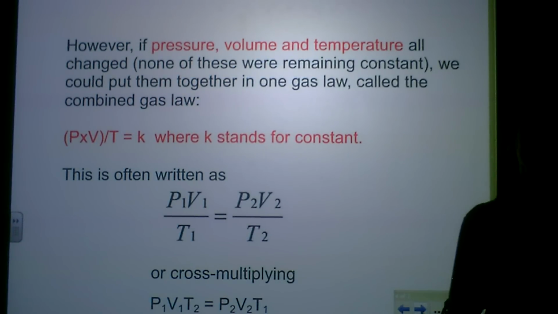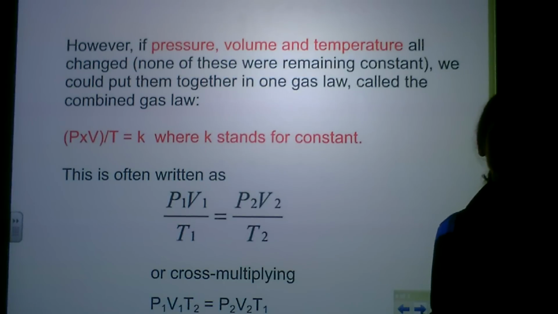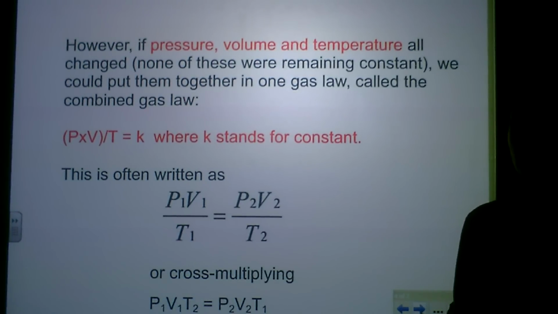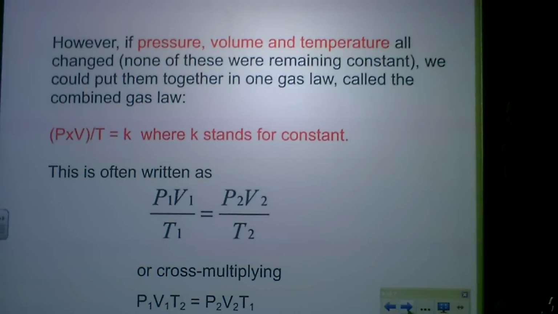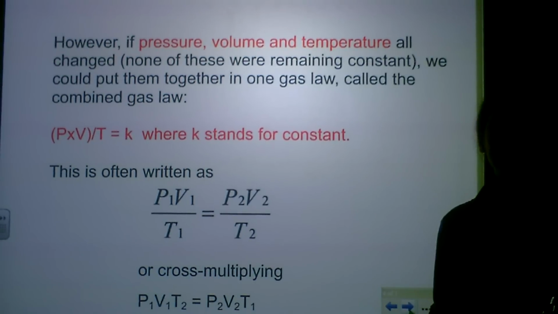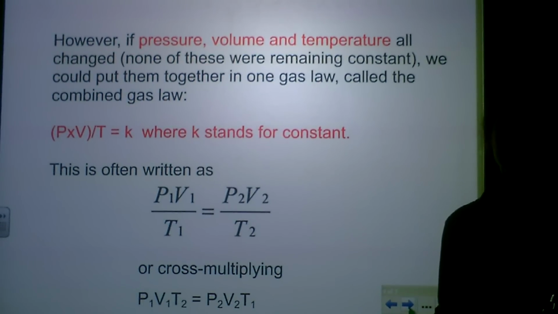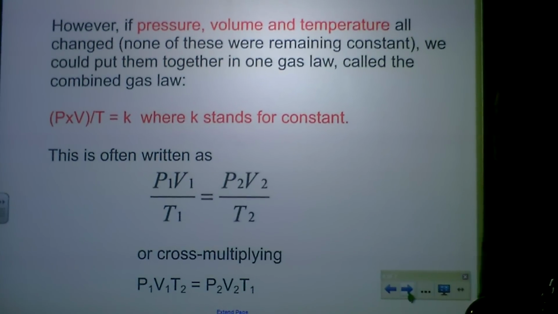But what if nothing is constant? What if volume, pressure, and temperature are all changing at the same time? How do we mathematically account for that? Well, this is called the combined gas law. And the combined gas law says that pressure times volume divided by temperature is a constant.